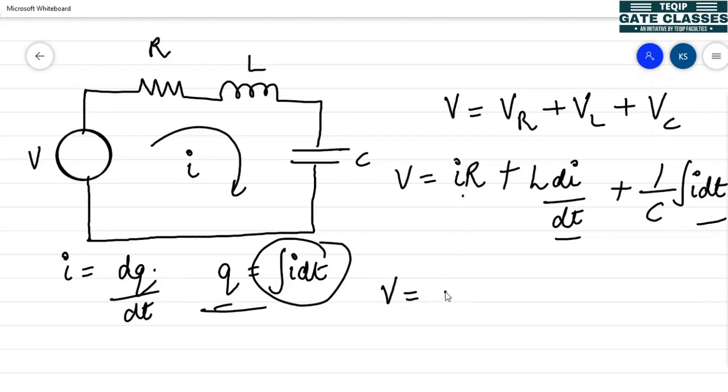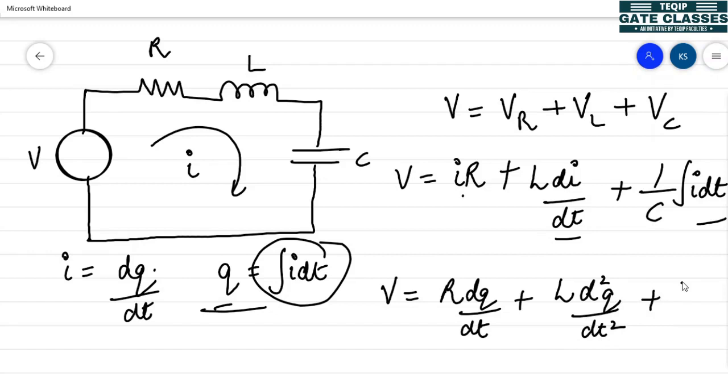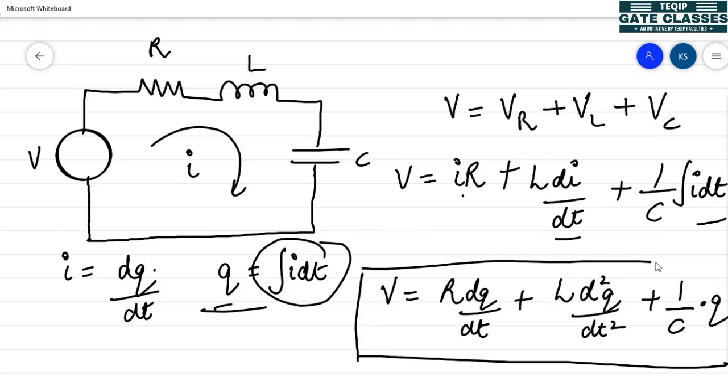So we will write it as V equals R dq by dt plus L d2q by dt2 plus 1 by C into Q. So we can observe that this equation is now in second order differential form only. In this way, an electrical circuit can be represented using a mathematical model.